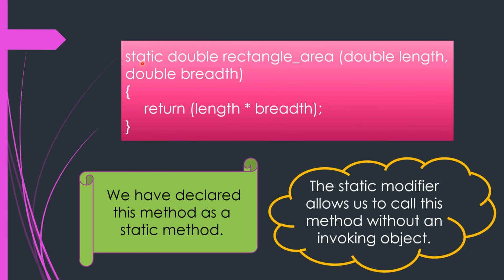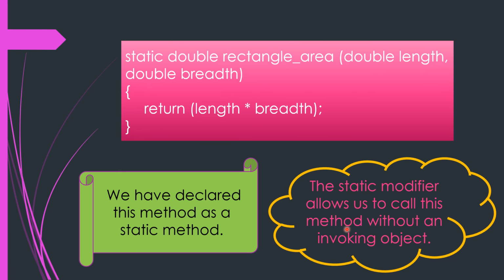We had left this keyword static for the last part, so now let us study about it. Basically, by placing this keyword static in the beginning of this method, we have declared this method as a static method. What does a static method do? Basically, a static method is related to the static modifier. The static modifier allows us to call this method without an invoking object.